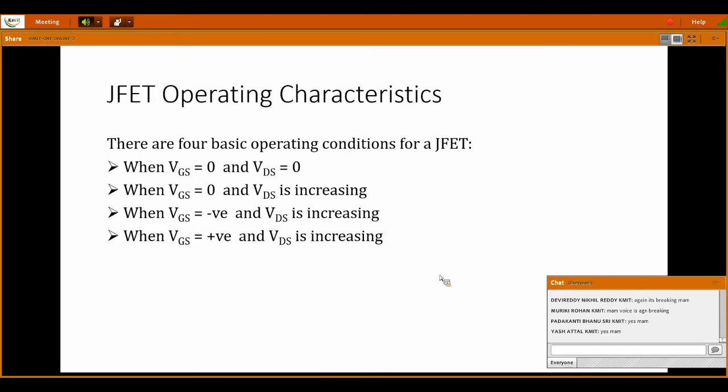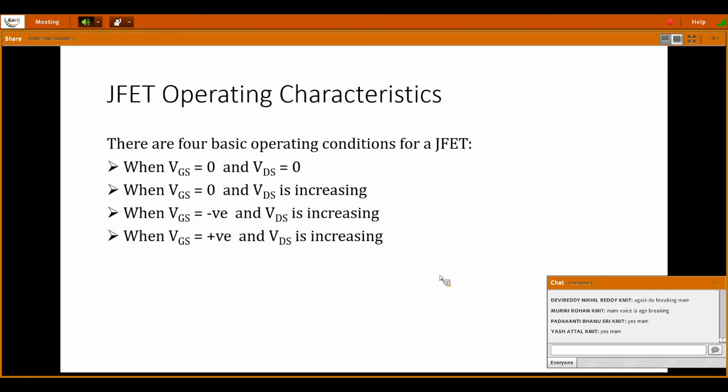So the 4 basic operating conditions for JFET are based on VGS and VDS. VGS means gate to source voltage, and VDS means drain to source voltage. The first condition is when both the voltages are 0. The second condition is when VGS is 0 and VDS is increasing.